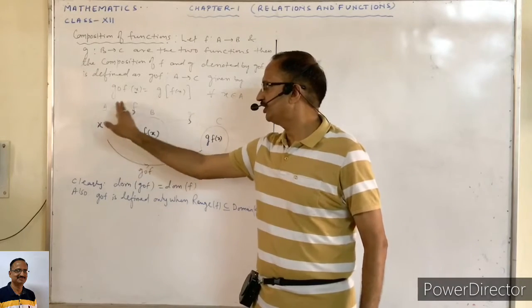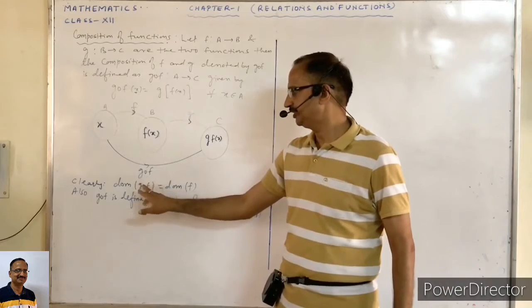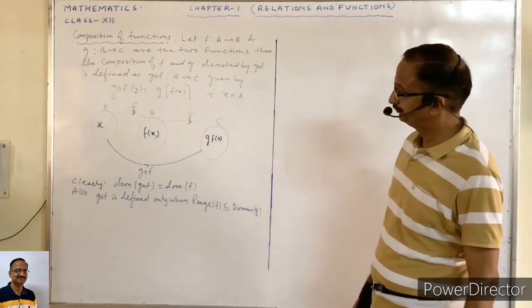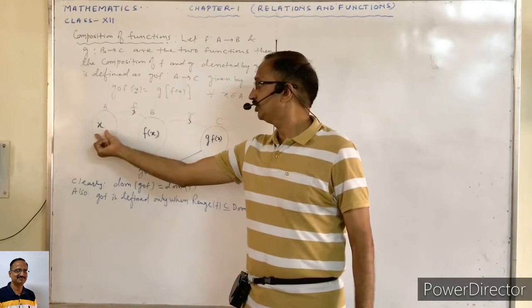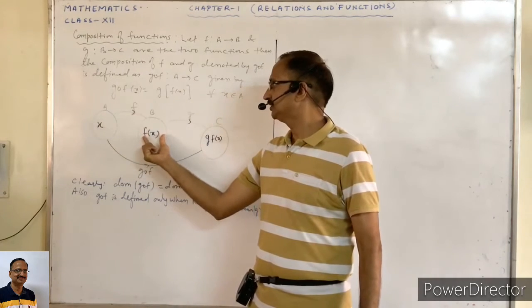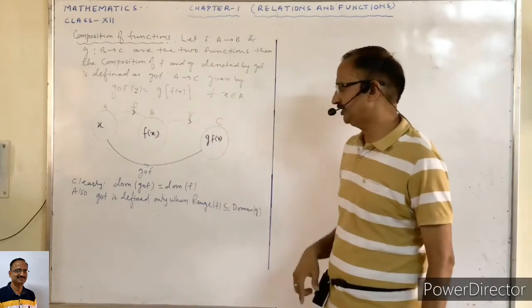This x is the domain of f and this x is also the domain of gof. This is clear. Now for this function f, this is the domain and this is the range. For the function g, this is the domain and this is the range.